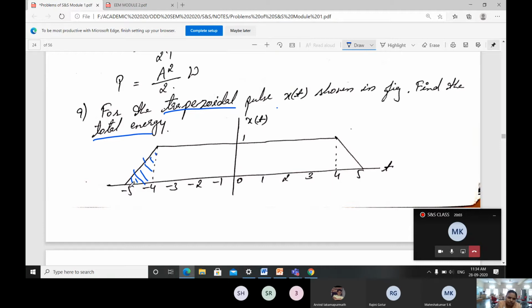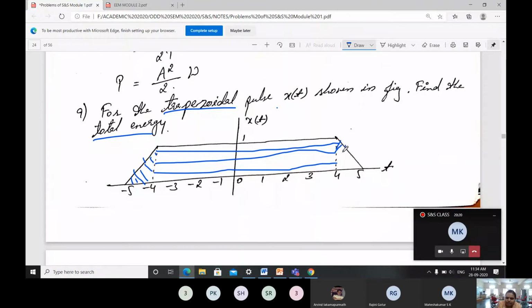From -5 to -4, a small triangle will come across, from -4 to +4 it is a rectangle, and again we have a triangle from 4 to 5.